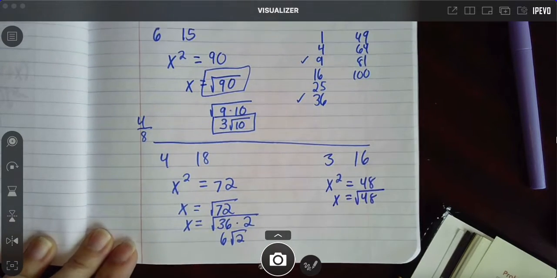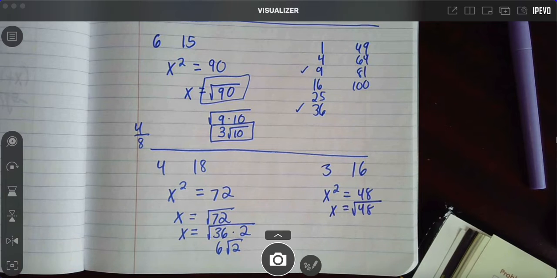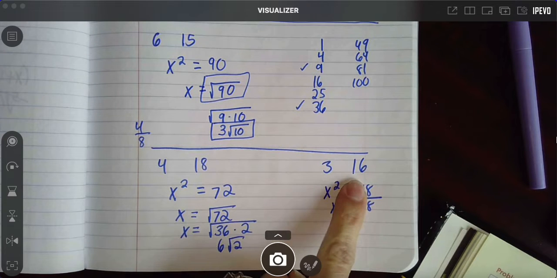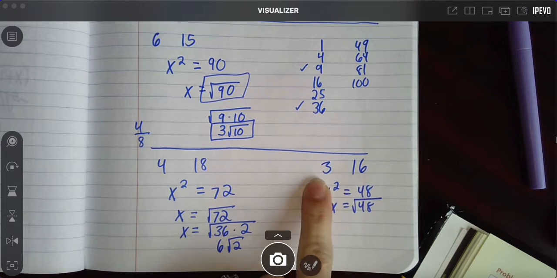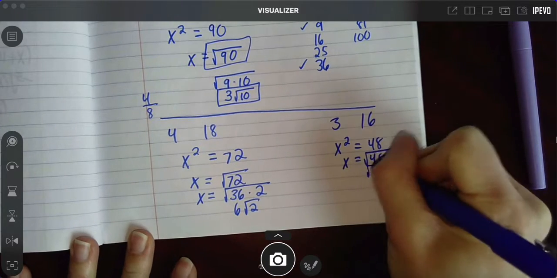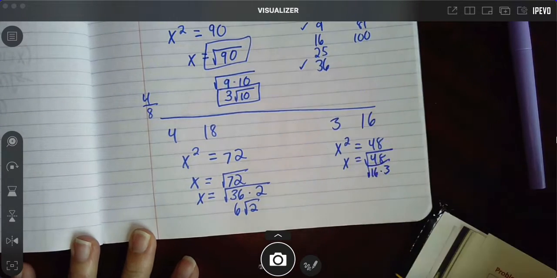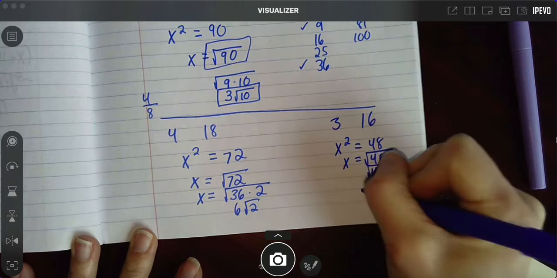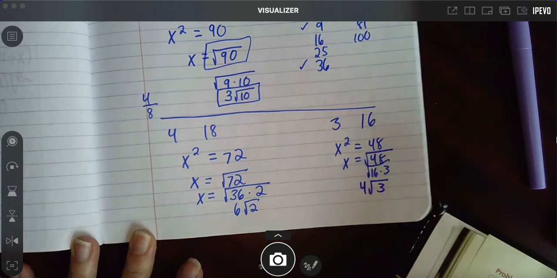What number goes into 48? Well, we already said it. 16 and 3, right? That one was already set up for us. So it's 16 and 3. What's the square root of 16? 4. And then here's my square root of 3 left over inside.